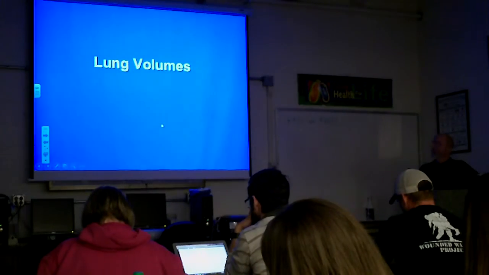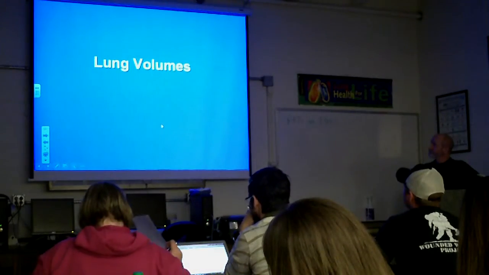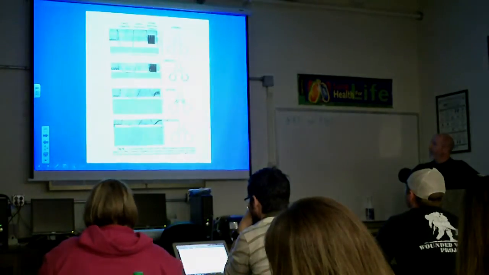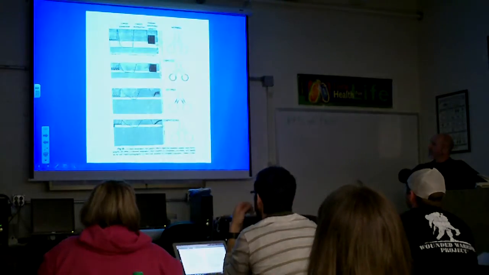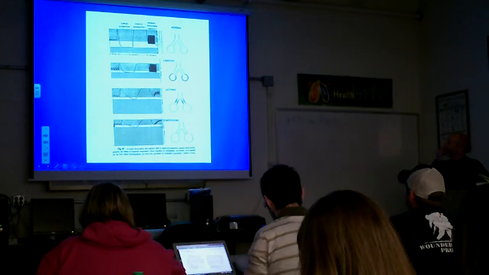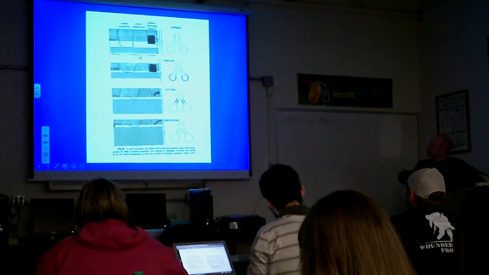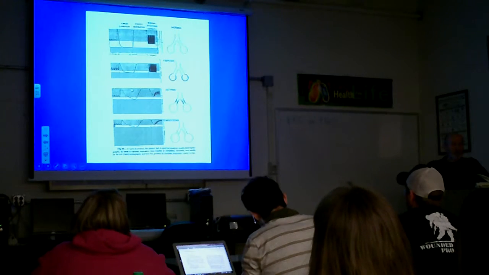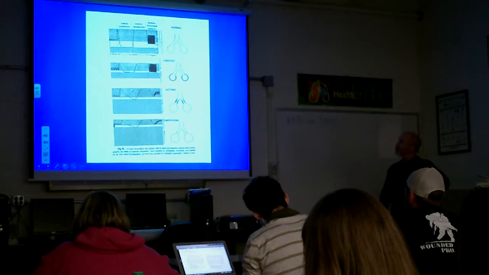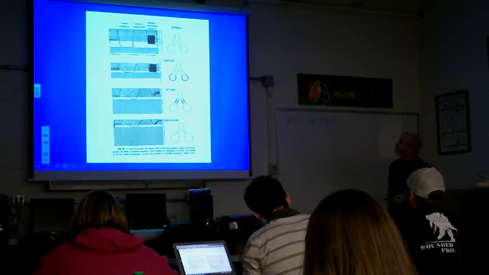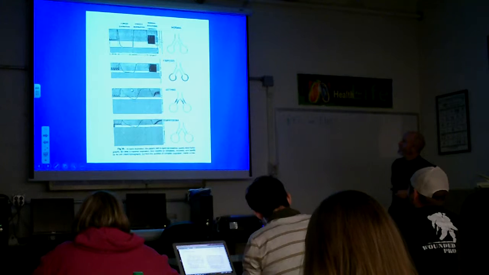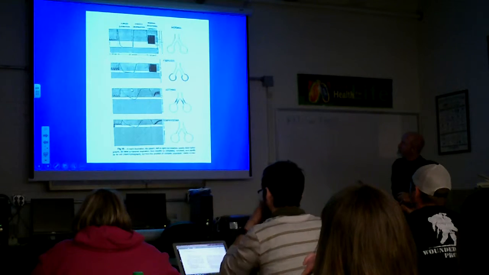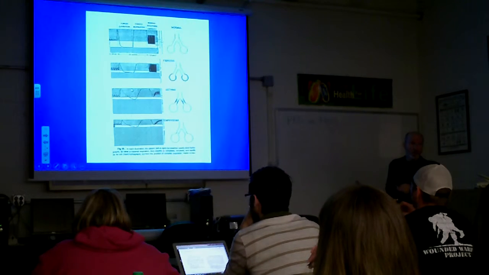So now we're looking at lung volumes. I like to put different examples of diagrams that you can look at, so you can choose which one you like the best. Obviously this is looking at a volume time tracing.